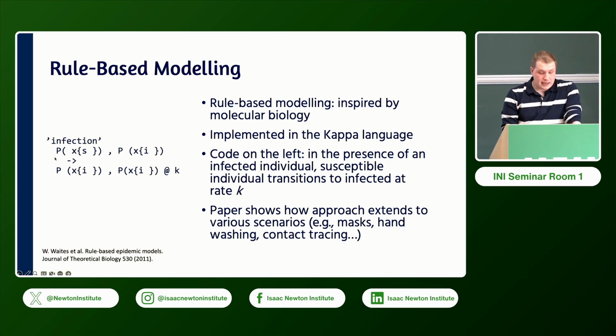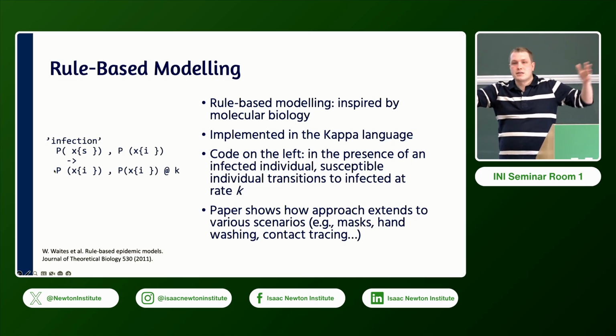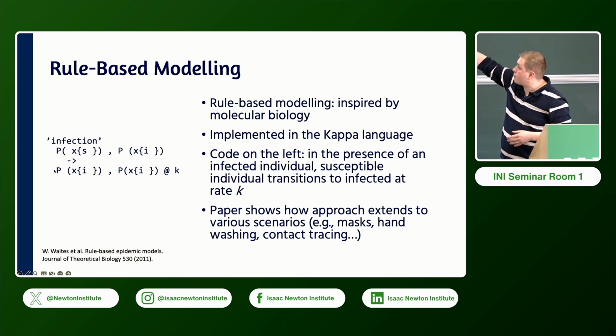Reading this, if I've got a susceptible person next to an infectious person, then that can take a transition with rate k to two infectious people. So we can see this is rewriting a larger state space based on these different rewrite rules.